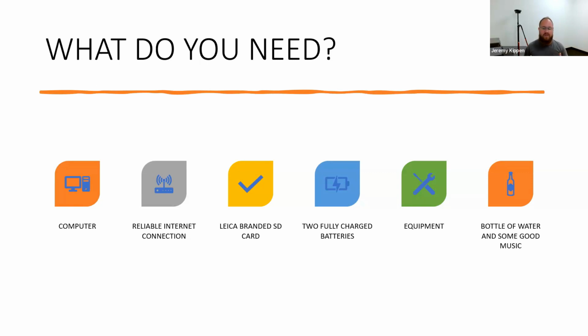And if you used a Leica SD card and it failed and it corrupted your firmware and you had to send it in to Leica to get it rebooted, they will 100% recover all your data and restore onto your data collector for you.